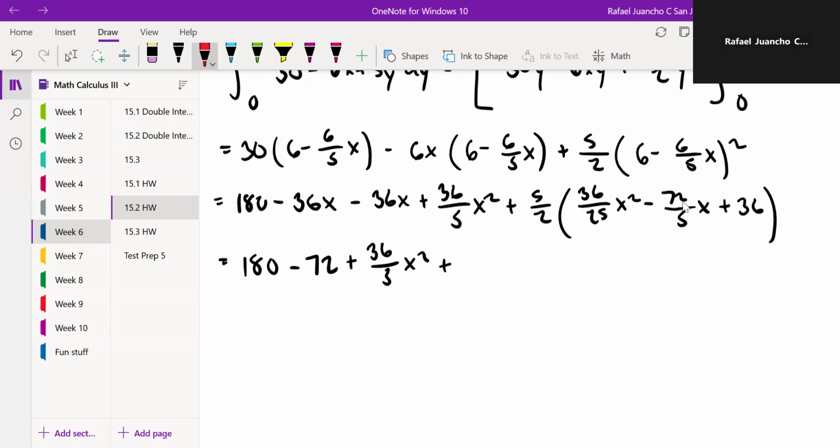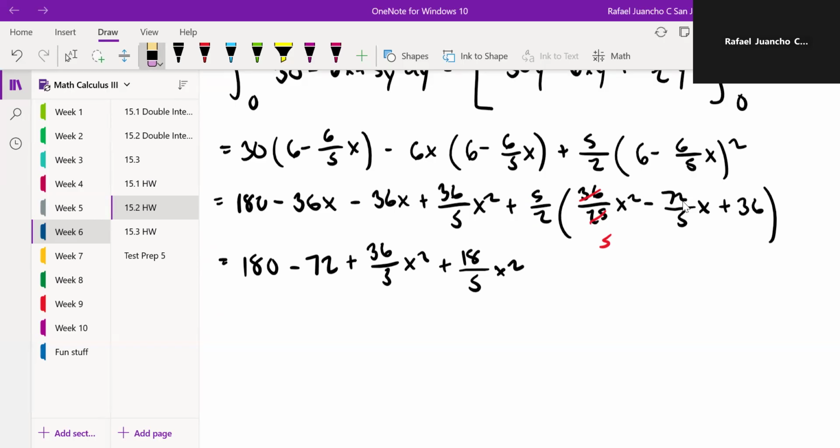Here I would cancel this. This becomes 1, this becomes 5, and this becomes something else. 36 divided by 2 is 18. So I would get 18 over 5 x squared.